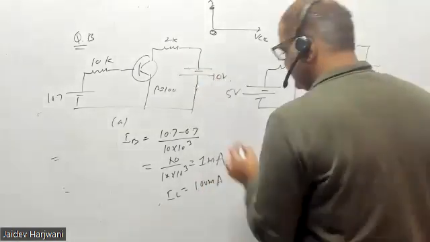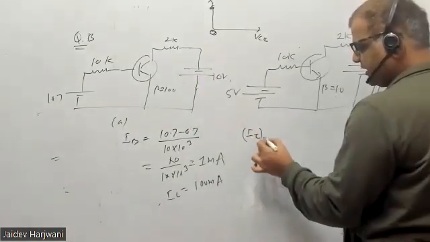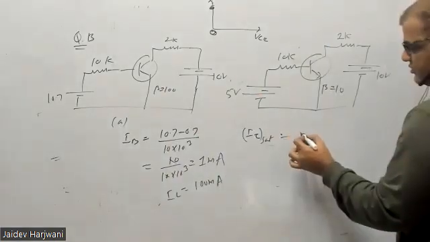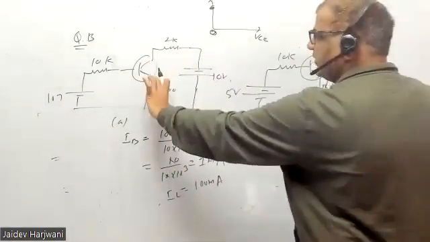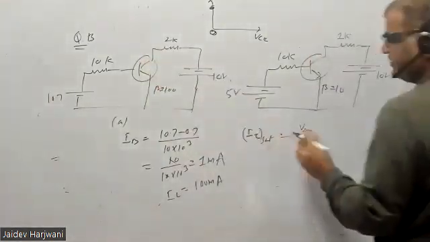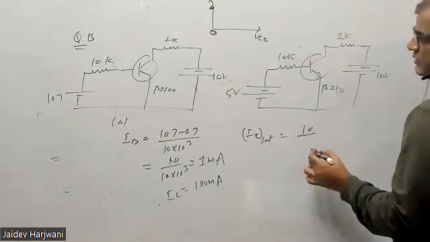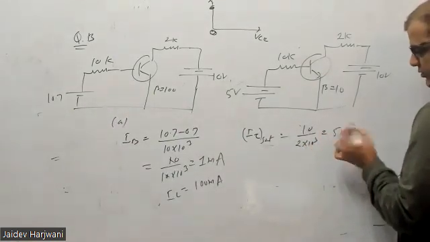And if you calculate IC saturation, इस ग्राफ में IC saturation कितने निकालेंगे? VCE 0. That means your IC saturation will be VCC upon only RC, और कुछ है ही नहीं यहाँ पर. So VCC is 10 volt, and this is your 2 kilo ohm. That is 5 milliampere coming.